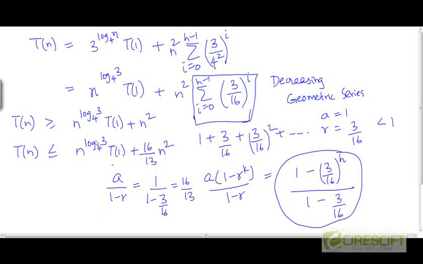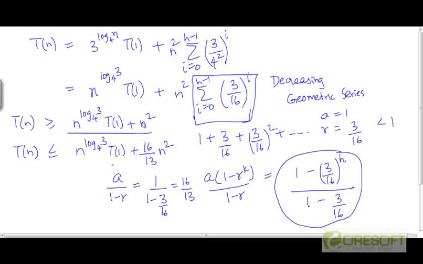So if t of n is bounded from below by this expression, we can argue that it's going to be bounded from below by some constant multiple of n square. The coefficient of n square here is 1.